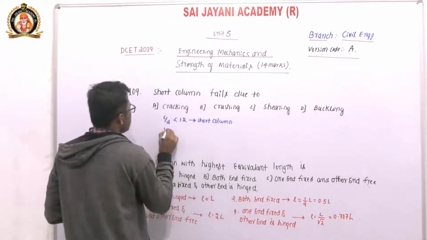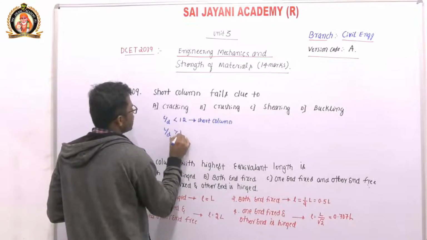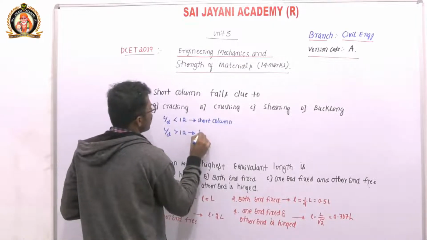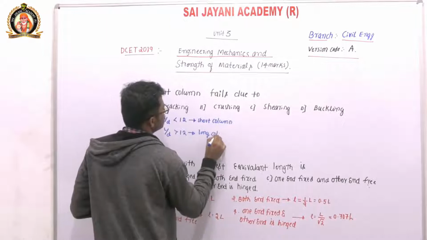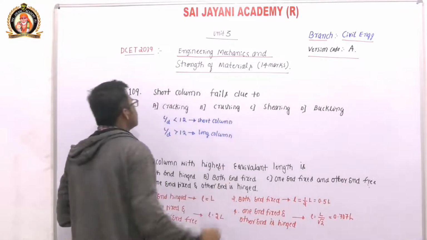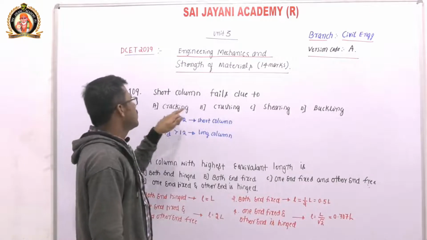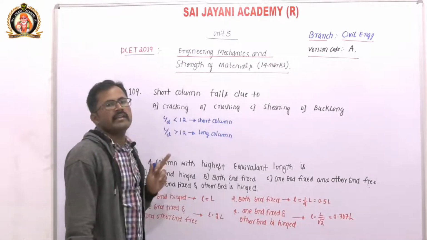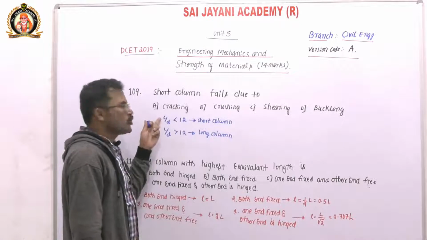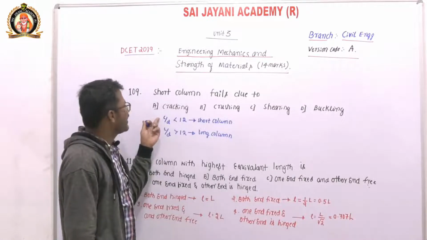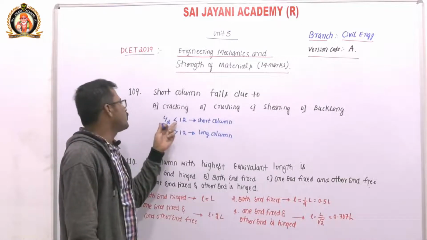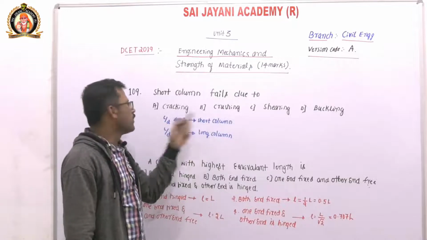If L by D ratio is greater than 12, then it is known as long column, where L is the effective length of column and D is the lateral dimension.